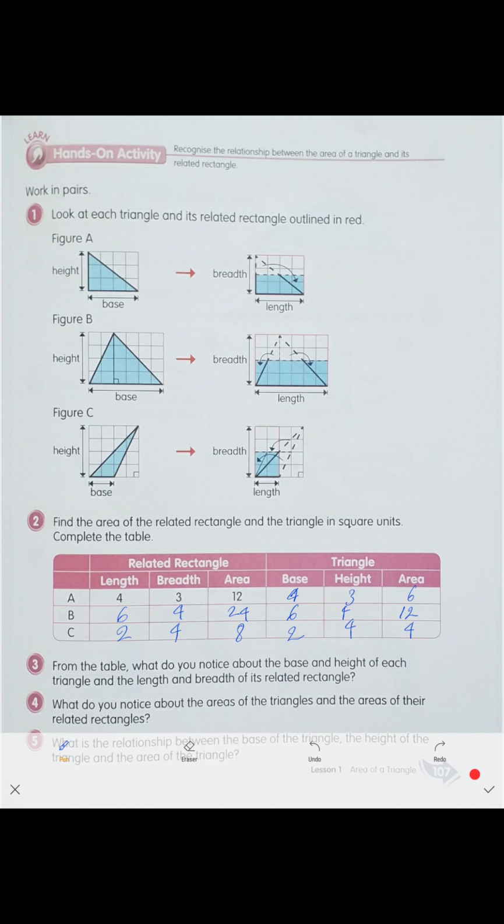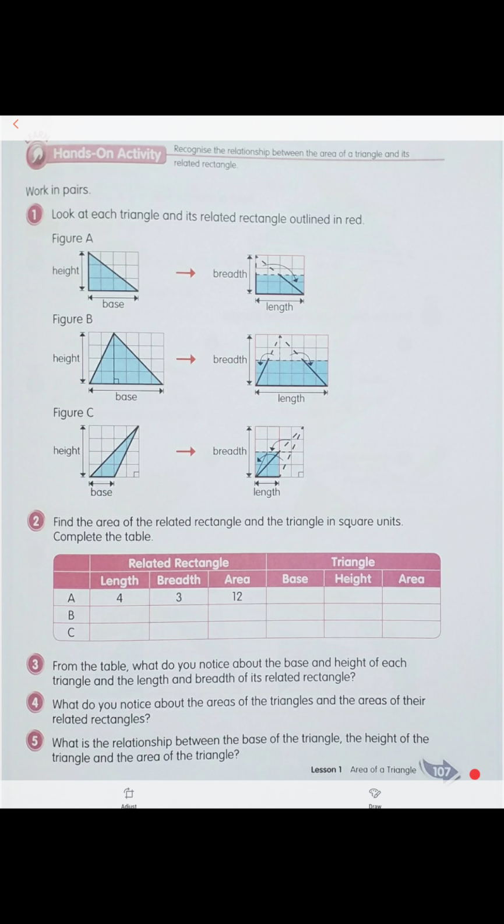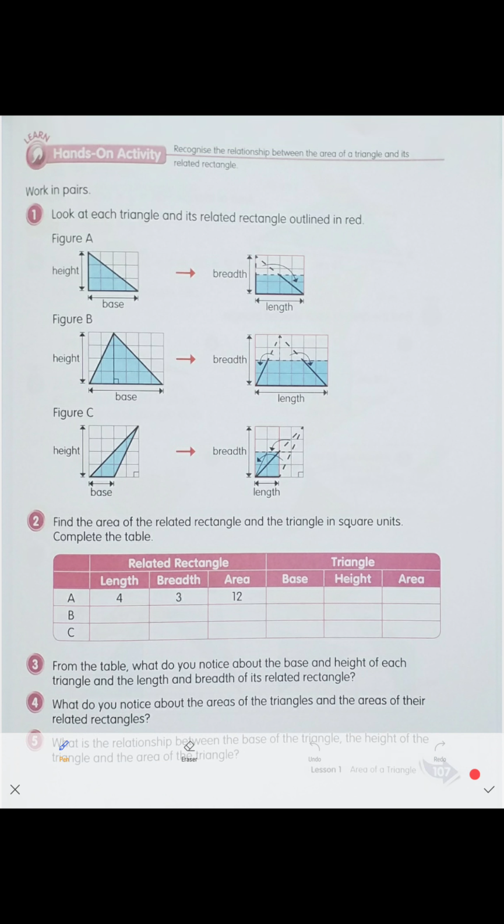And lastly, what is the relationship between the base of the triangle, the height of the triangle, and the area of the triangle, right? This is something that we did on the previous page. Sorry, you cannot see the question. I'm gonna do it like this. All right, now you can see the question. The relationship is, but I have to draw again.